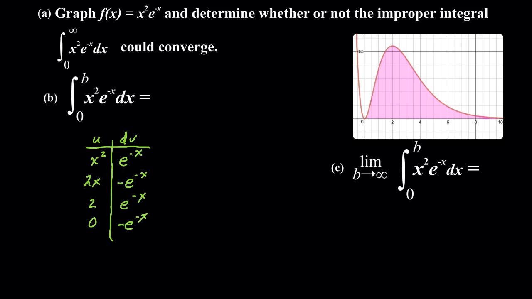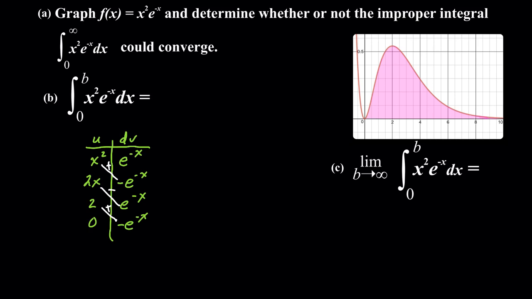All right, so now we can put these together. The first is going to be positive, the next one is minus, and the next one is positive.